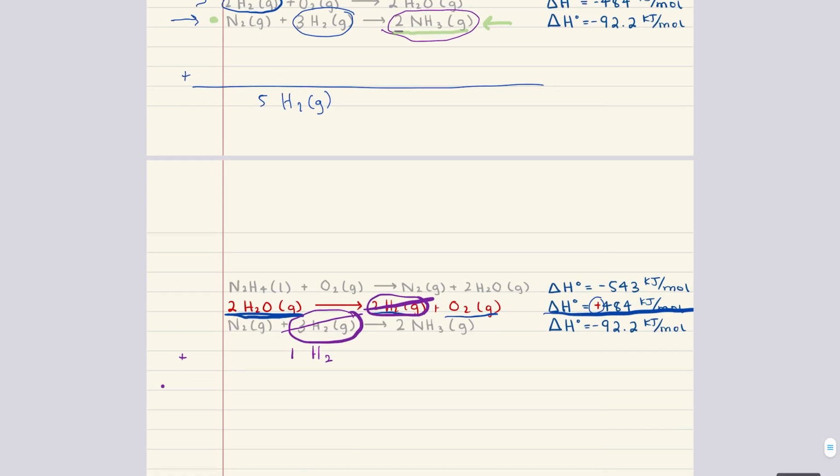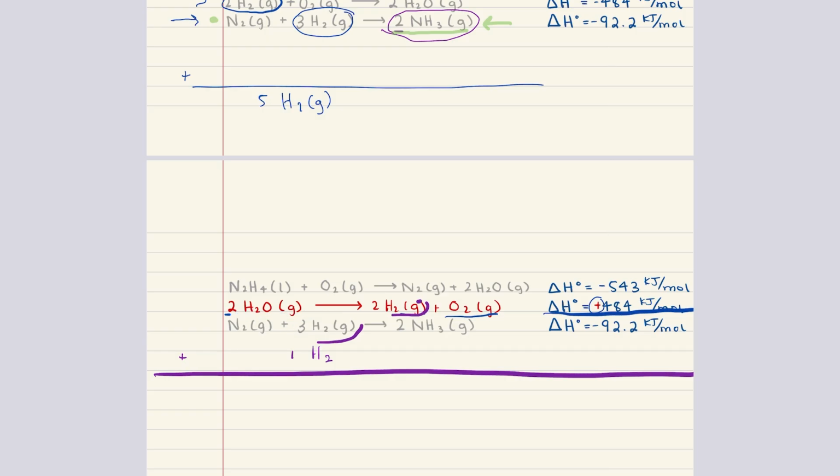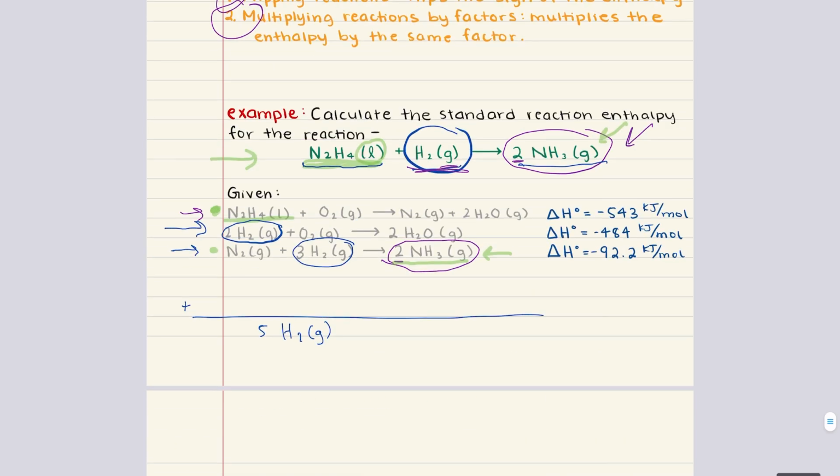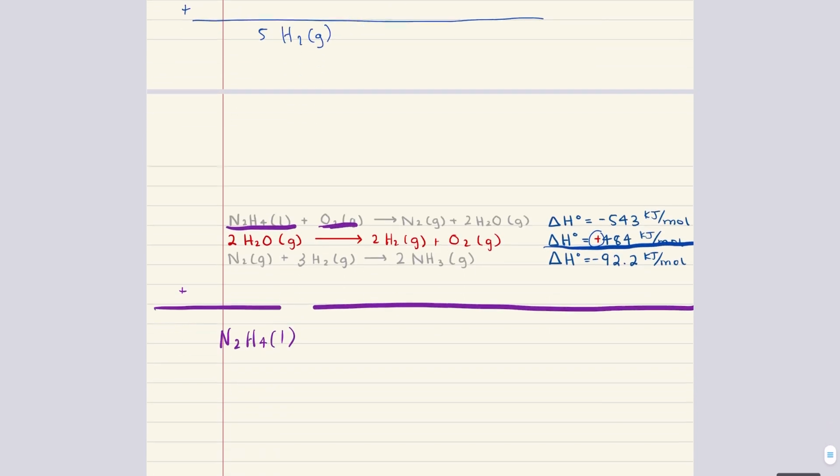So let's do that. Before we make any more manipulations to our reactions, let's sum everything up and see which things cancel out. So if we sum this up, N2H4, there's nothing for it to cancel out with, so it stays on the reactant side as is. Then we have this oxygen gas right here. Oxygen gas is not part of our target reaction.